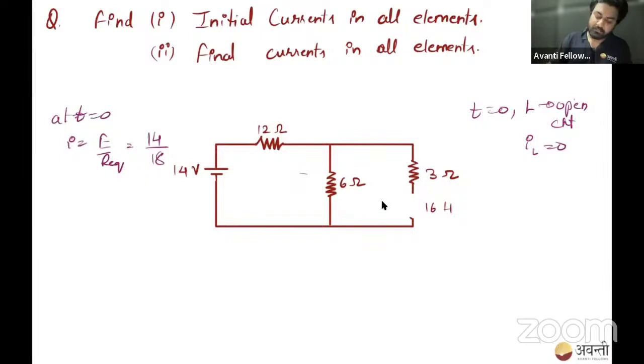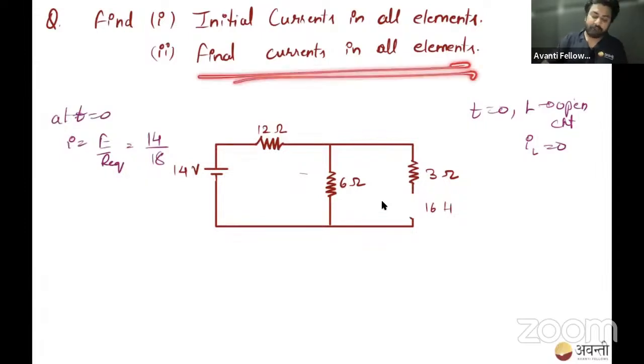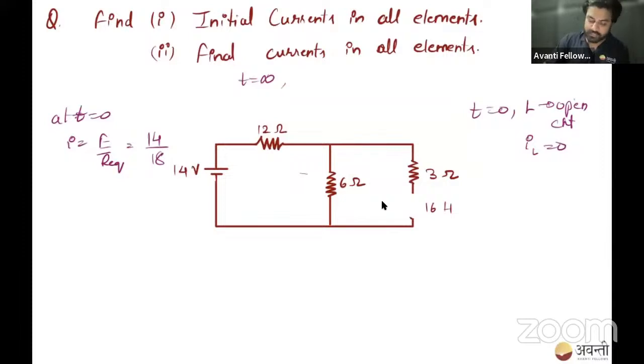Now if I come to the final current, finally at t equals to infinite, the inductor behaves like a short circuit, meaning current is max, it is E by R. Sorry, here I made a mistake.